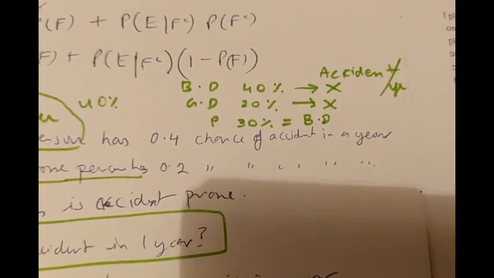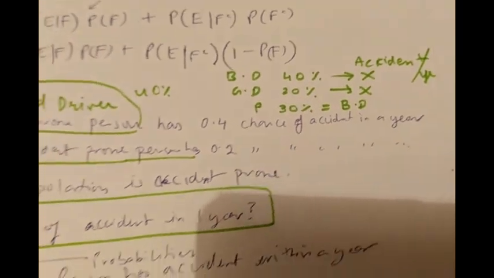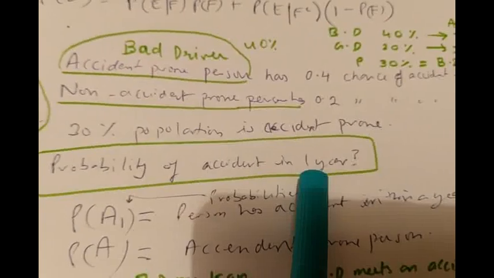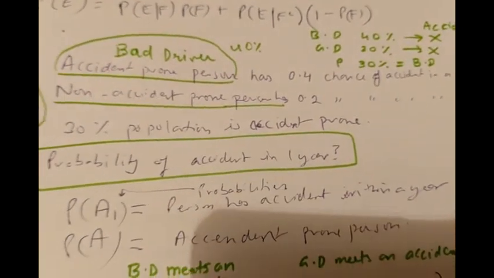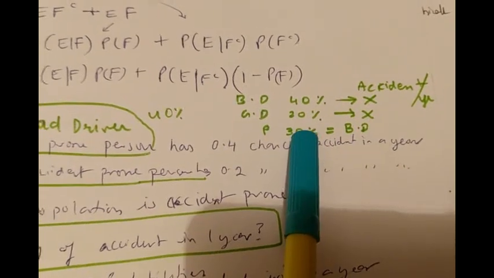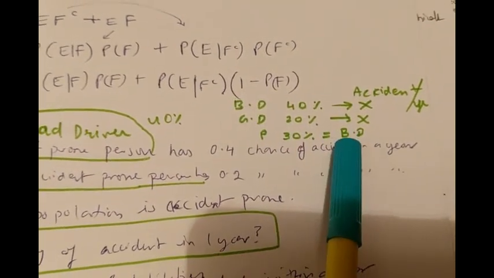So how will we get the answer to this question, what is the probability of accident? In the whole population we have 30% bad drivers and the remaining 70% good drivers.